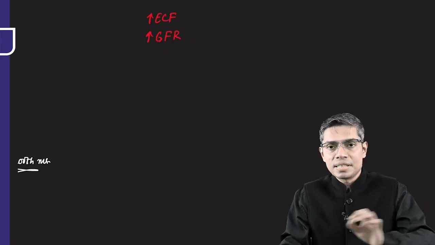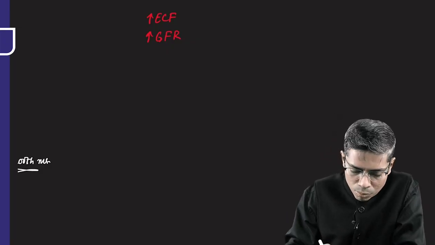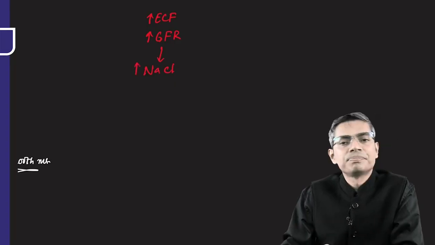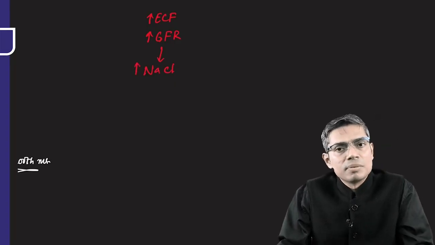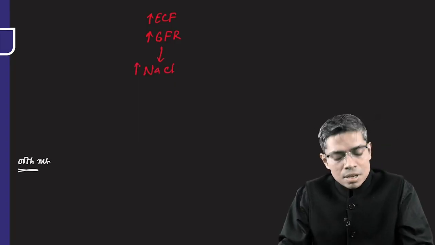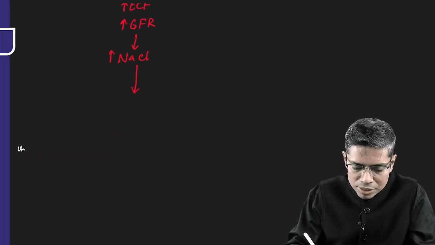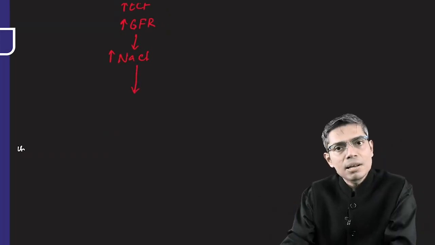Whenever your GFR is high, filtration is high, what will happen to the filtration of NaCl, sodium chloride? Obviously, there will be increase in NaCl filtration. Now this high amount of sodium chloride will reach the level of TAL also.